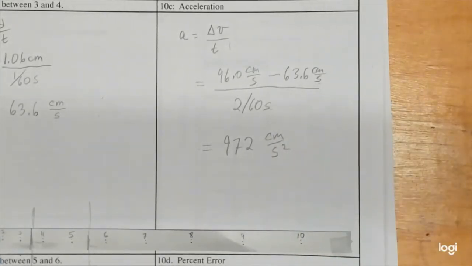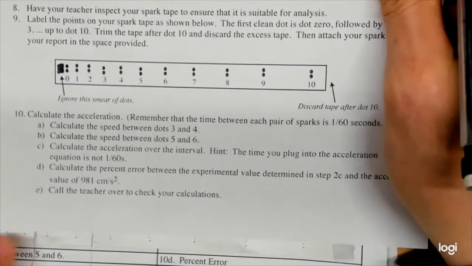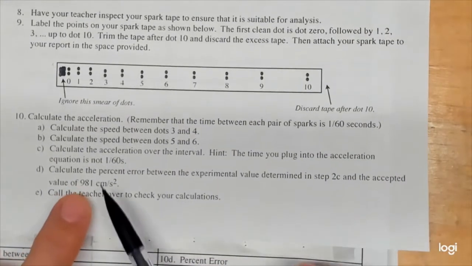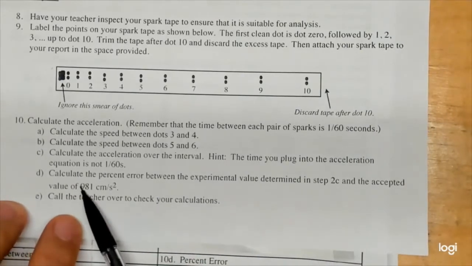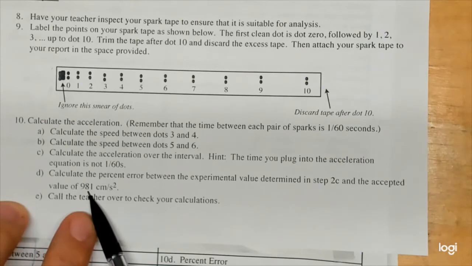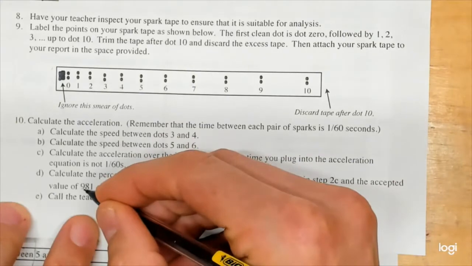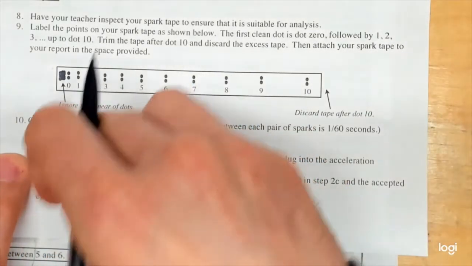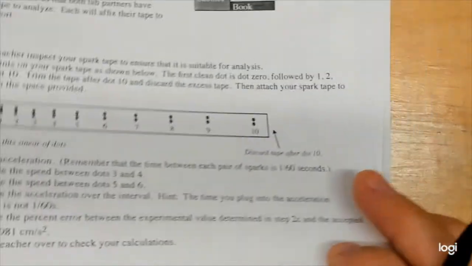Okay? Now, step 10D says, calculate the percent error between the experimental value determined in step 2C and the accepted value of 981 centimeters per second squared. Okay? Because usually we say 9.8, right? But that's in meters per second squared. If we stay in centimeters, 9.8 is 980. And since it's technically 9.81, it's 981. So what we could do here is a percent error.